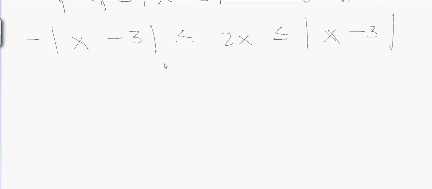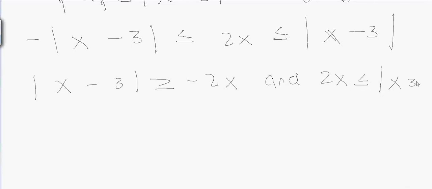So you take this and essentially you get x minus 3 is greater than or equal to negative 2x, and 2x is less than or equal to the absolute value of x minus 3, right?